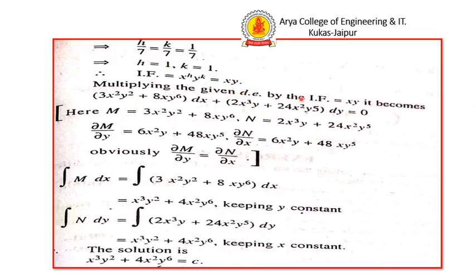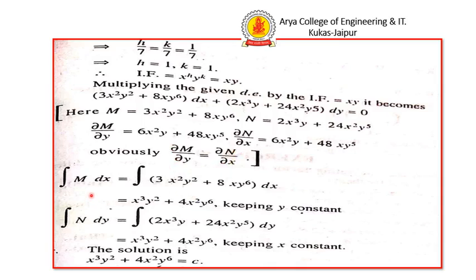Multiply the given differential equation by the integrating factor, we get the equation. Again, we check the condition of exactness, del M upon del y and del N upon del x, and we see that del M upon del y is equal to del N upon del x.